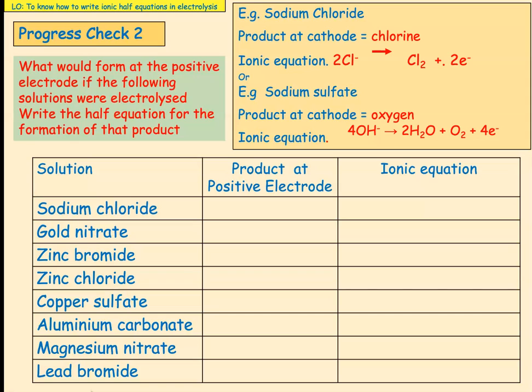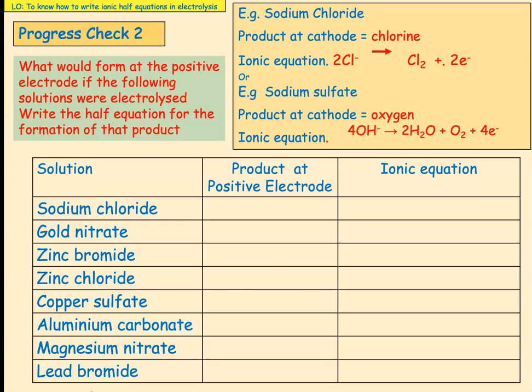Okay, so we're going to do the same things we did with the cathode. I've done 2 examples at the top. An example where we have a group 7 element and an example where we have a compound ion, so not a group 7. In the first example we're making the group 7 molecule, and in the second one we're making oxygen.